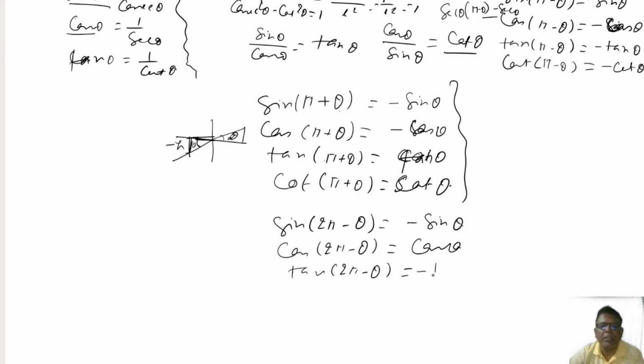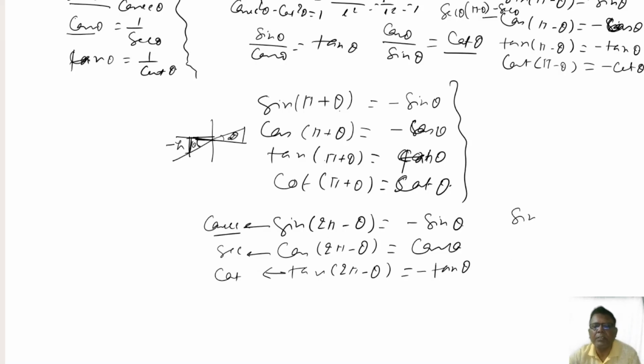This will also be negative. Why negative? Because b is positive but h is negative. The reciprocals will also follow the same pattern. Cot, sec and cosec will also follow the same pattern.